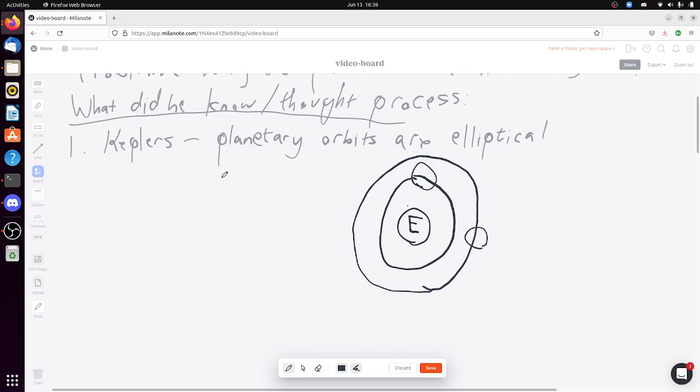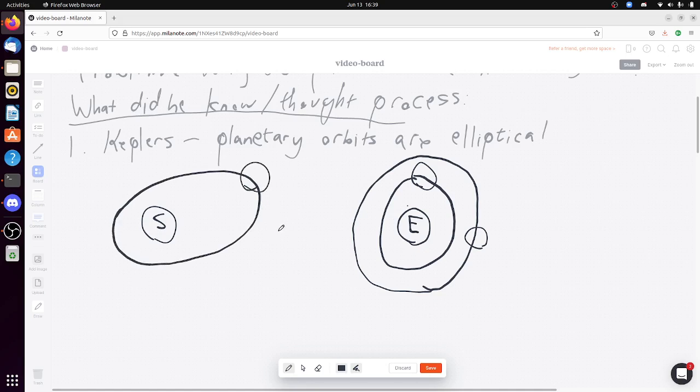Now, Kepler first said, and this was discovered before Kepler, that the sun was actually the center of the solar system. But beyond that, what he discovered is that the orbits of the planets are actually ellipses. So the orbits are more like this.